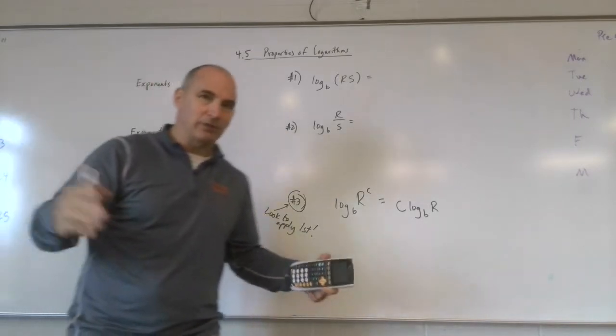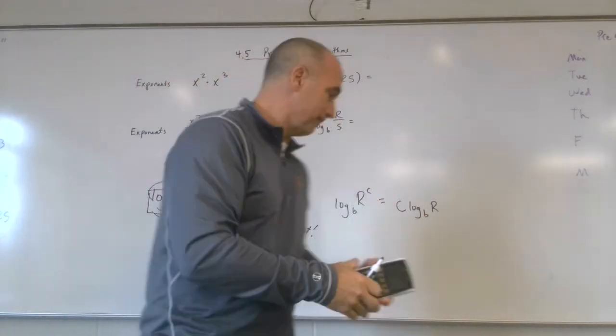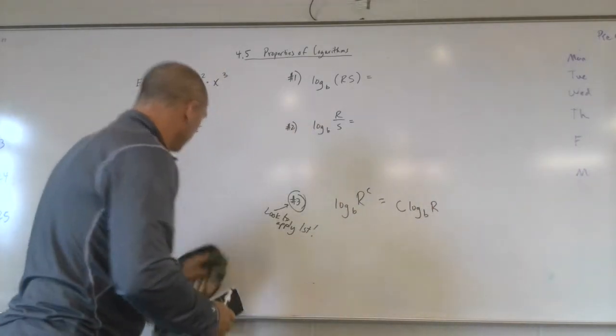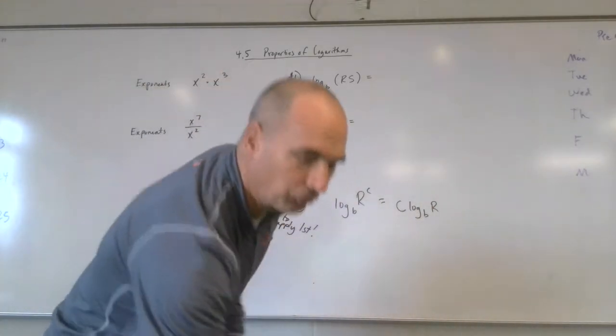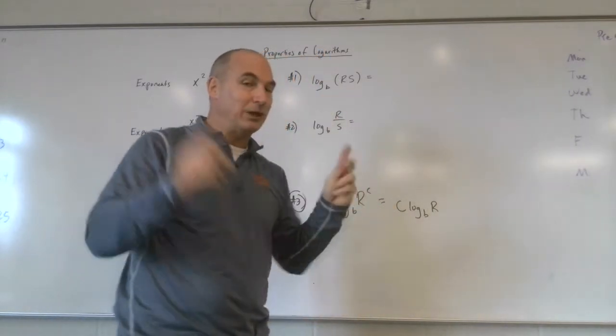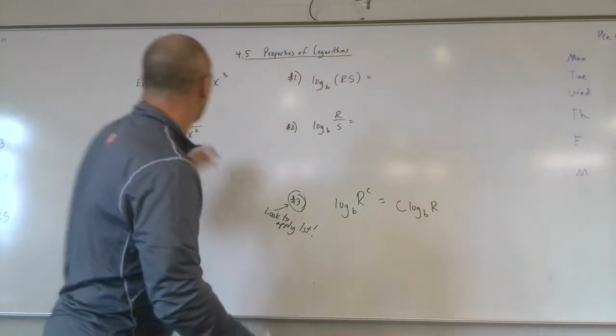So in a way, you can say a log is an exponent. Having said that, the rules of exponents are strangely connected to the rules of logarithms because what's a logarithm? It's an exponent.